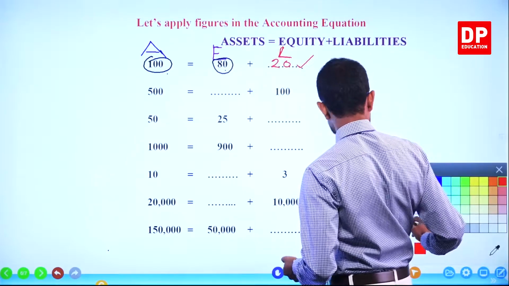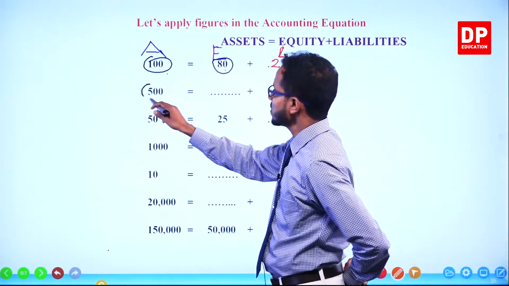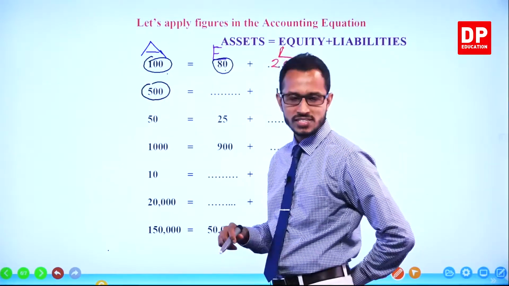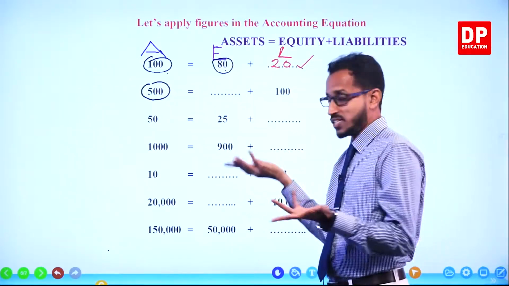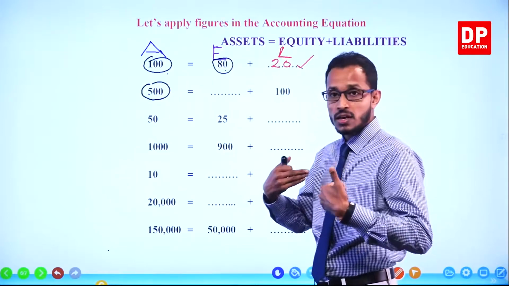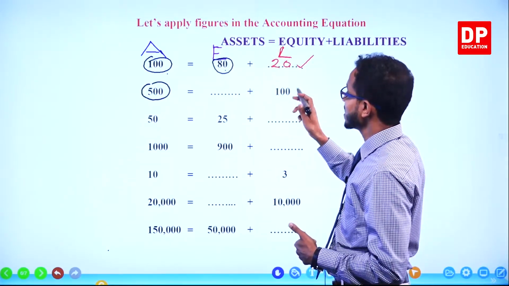Let's go ahead. If 500 worth of assets are in a business, and we don't know the equity, how much is invested by the owner, but we know the liabilities, that is 100.